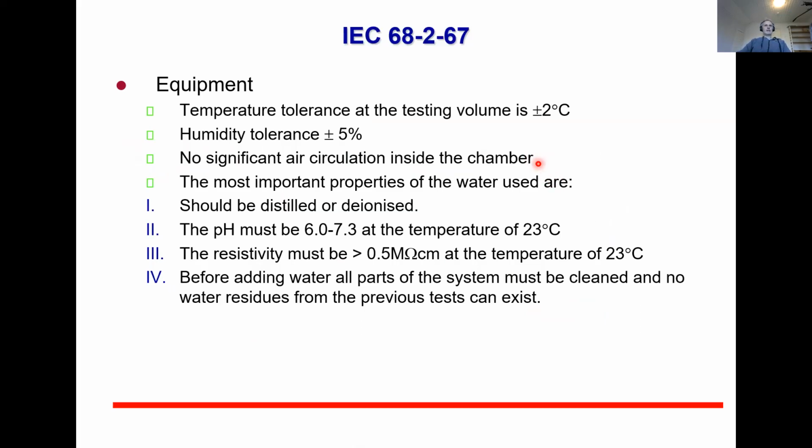But what this means is that you cannot achieve, for example, the evenness of the temperature just by putting there a huge fan where you would have a turbulent flow inside. You should have a nice controlled flow of air, but not too high.